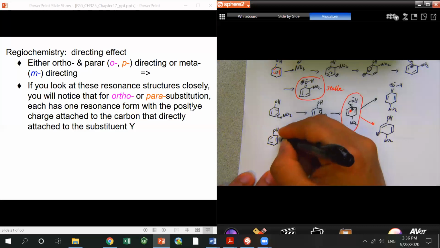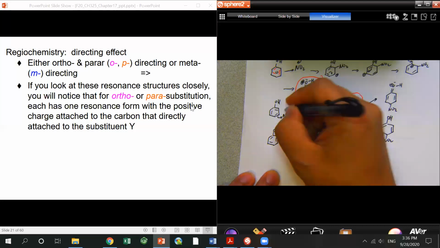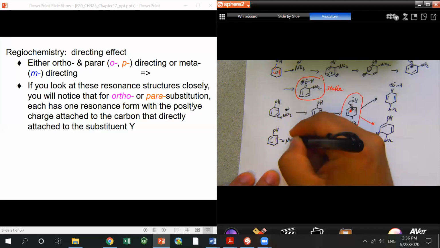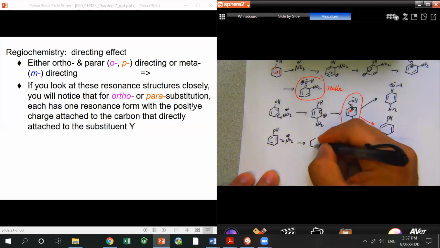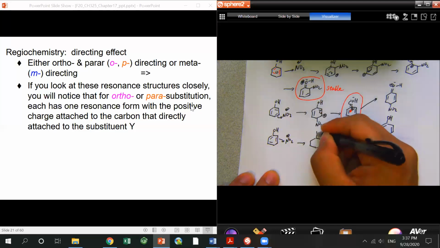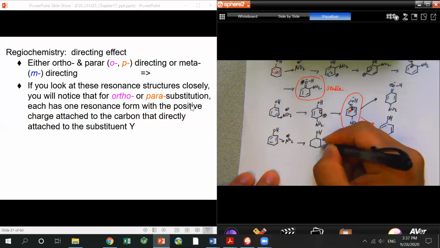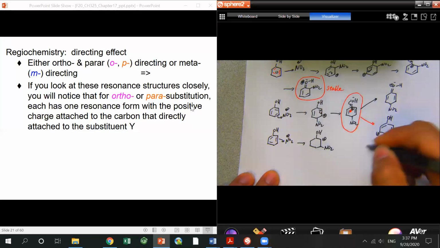Now we open the ring like this, pick up the NO2 plus, and generate the meta substituted product.